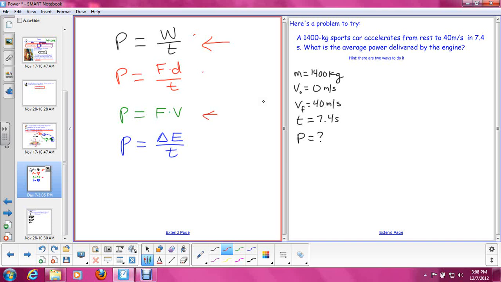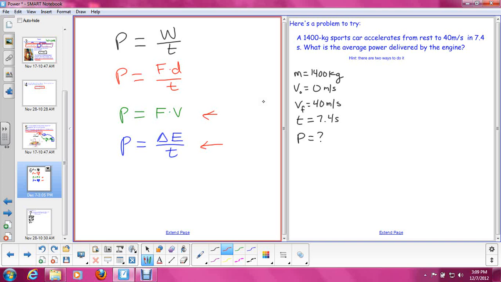This one has something to do with speed, and so does change in energy, because remember, this is a change in kinetic energy here. So these two equations might possibly work for us because we are given information about the change in velocity of this car, and these two power equations have velocity built into them in some way.